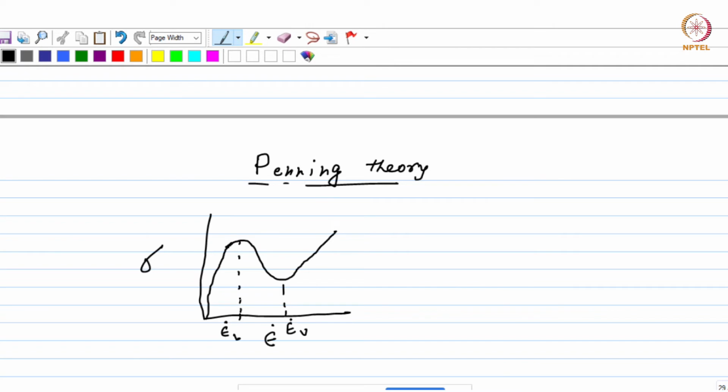So within this strain rate range, if your applied strain rate lies within this range, then dynamic strain aging will occur. Okay. So if you are below this here, or if you are above this over here, then there will be no dynamic strain aging. And stress will increase with strain rate, as you could see in both of these regions, right? So let's say our applied strain rate is within this range, somewhere over here, okay?